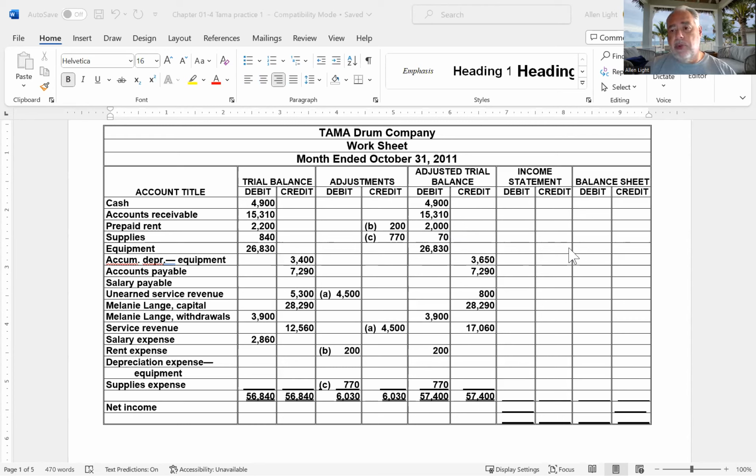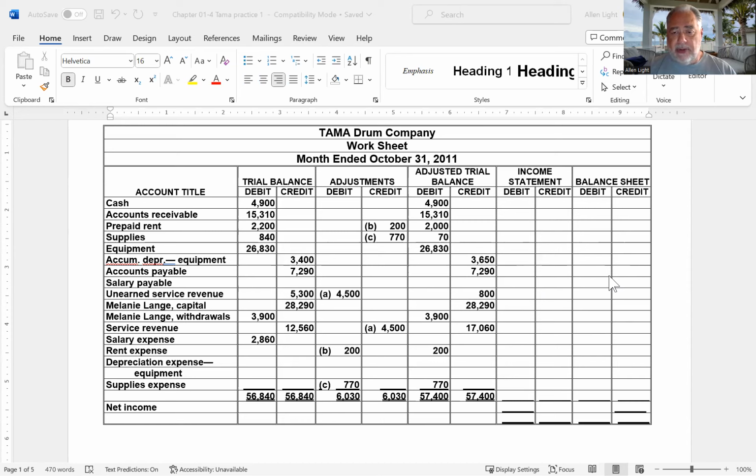Now, what's nice about this worksheet is the next step after we do our adjustments is to do our financial statements, okay? And there's 2 columns here for income statement, 2 columns here for the balance sheet. And we're going to just start carrying numbers over. Some of them go to the income statement. The rest go to the balance sheet.